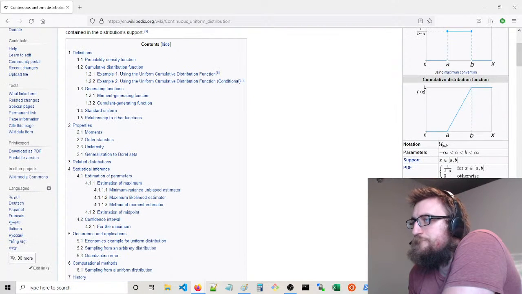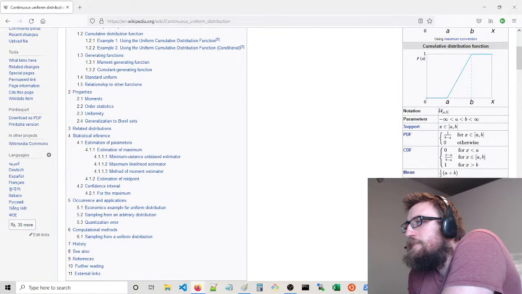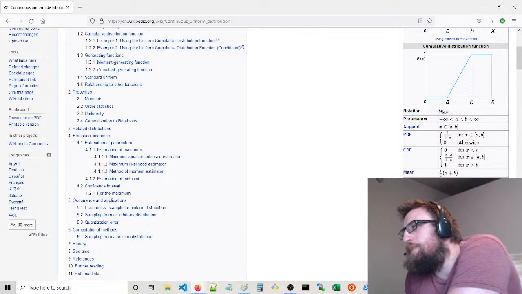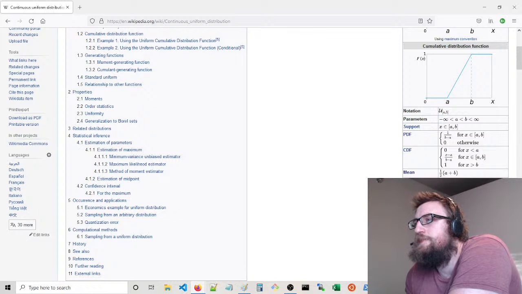It's x minus a over b minus a, 0 to 1, in this interval. It's 1 over b minus a, but it's x minus a times this, not just x times this 1 over b minus a.